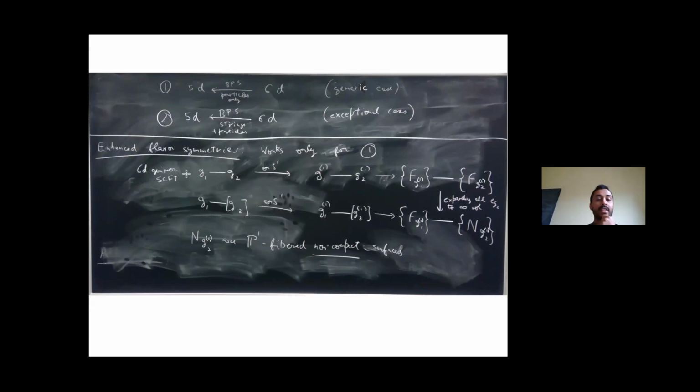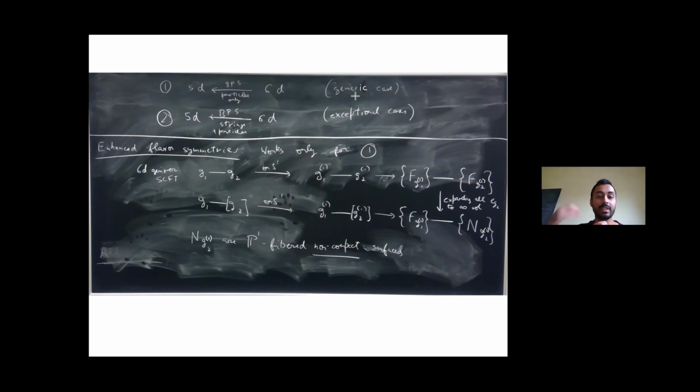Right. So if the conjecture is true, then according to this conjecture, all the 5D SCFTs should fall into two classes. In the first class, we have 5D SCFTs which can be obtained from 6D SCFTs by integrating out BPS particles alone and no BPS strings. This is the generic case of the classification.